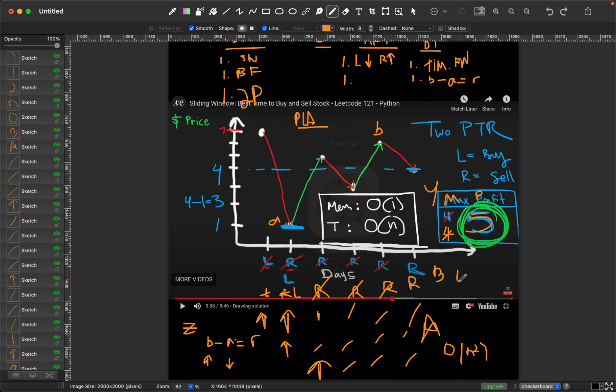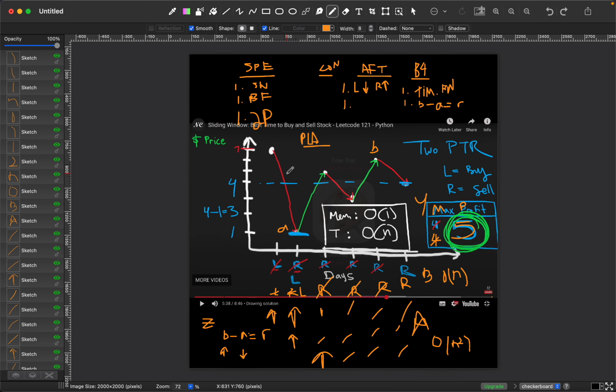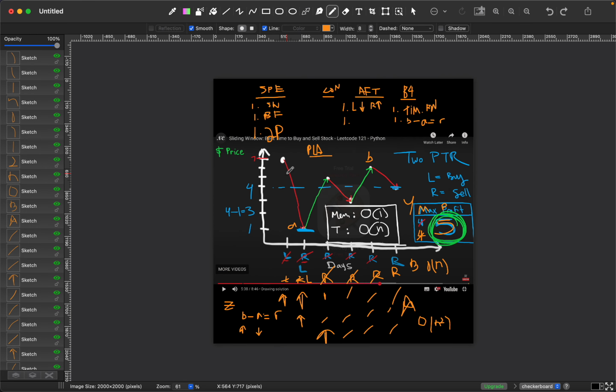But for B itself, it's just a two pointer moving across the map, so it's just big O of n. So that is the argument between the two pointer and the brute force method, right? When you argue between brute force and two pointer, you usually argue back into the big O time complexity of how much it takes. It's usually this one. So yeah, with that everything comes to an end.